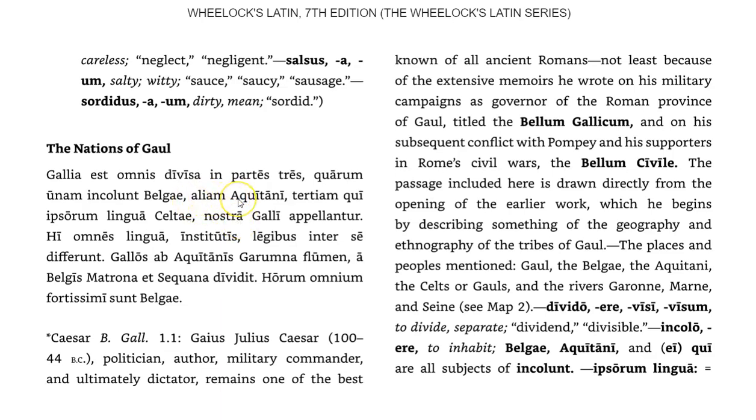The other, the Aquitani. The third, who literally of their own tongue, they are called the Celts, in our tongue, the Gauls. So this one, just kind of smooth that out again here, is another Aquitani.